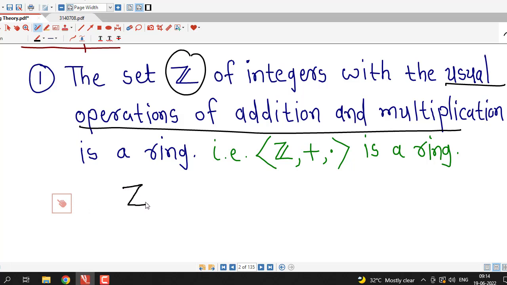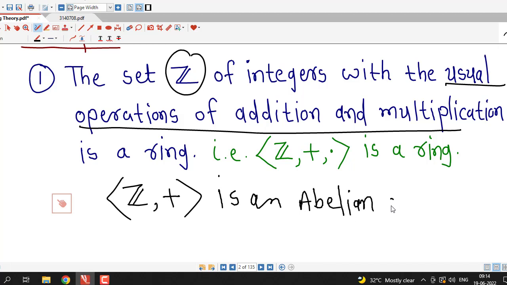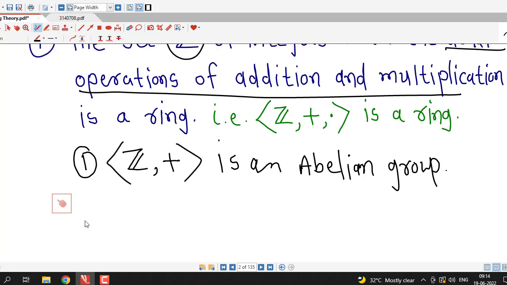We know that the set of integers with addition operation is an abelian group. This property we have already discussed in the lecture series on group theory. It is trivial that the set of integers is an abelian group with respect to standard addition.